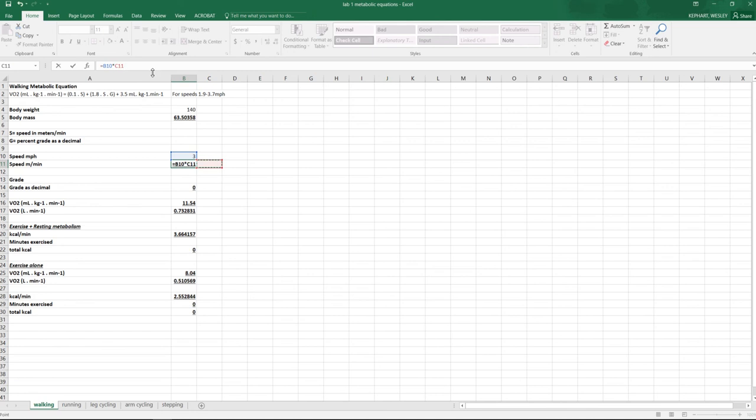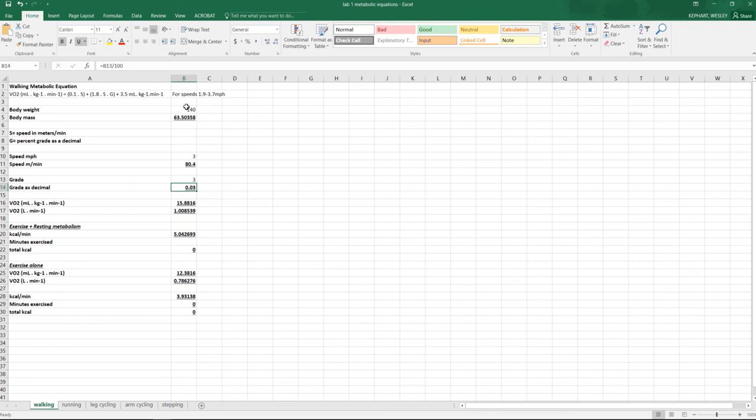Just entered that for you. Yeah, almost messed that one up right there. That would have been bad. Grade. Let's say they're doing it on a 3% grade. You can just enter a 3 right there, and then a 0.03. That's actually how the decimal needs to be for it to work.